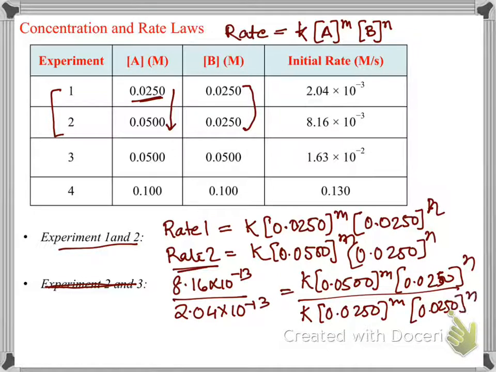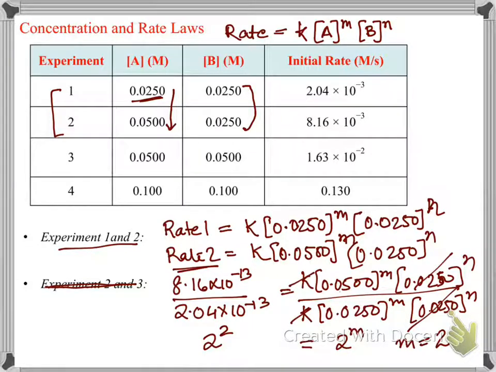So this cancels out, 0.0500 over 0.0250 is 2 raised to the power m, and here it will be 4, 8 divided by 2 is 4. Then 4 can be written as 2 to the power 2, which means m equals 2.